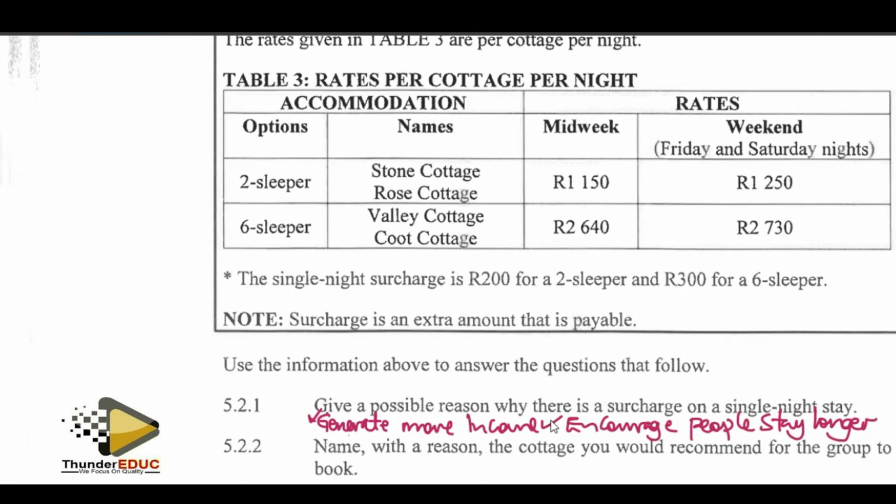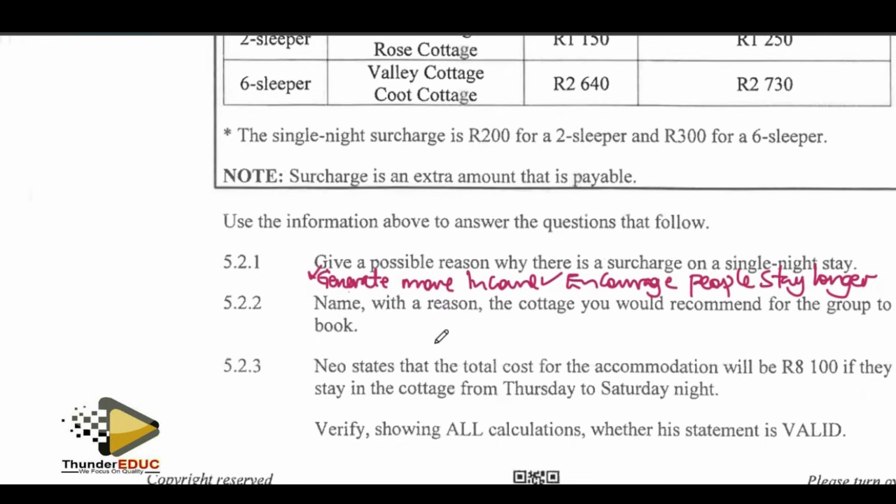But when you sleep only one night, you need to pay 200 to 300. You know, a surcharge is an extra amount that is payable. It's like interest, but it's not interest. Oh, another one would have been for security reasons. If you happen to break anything in the motel, you need to pay for it.